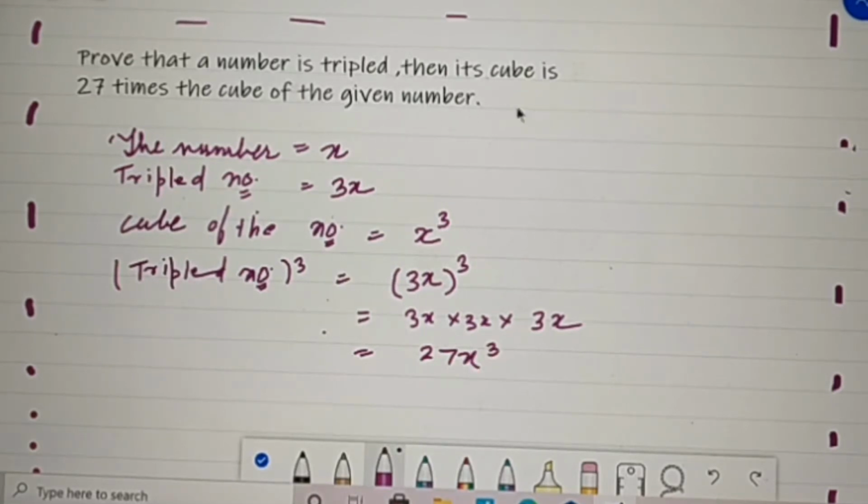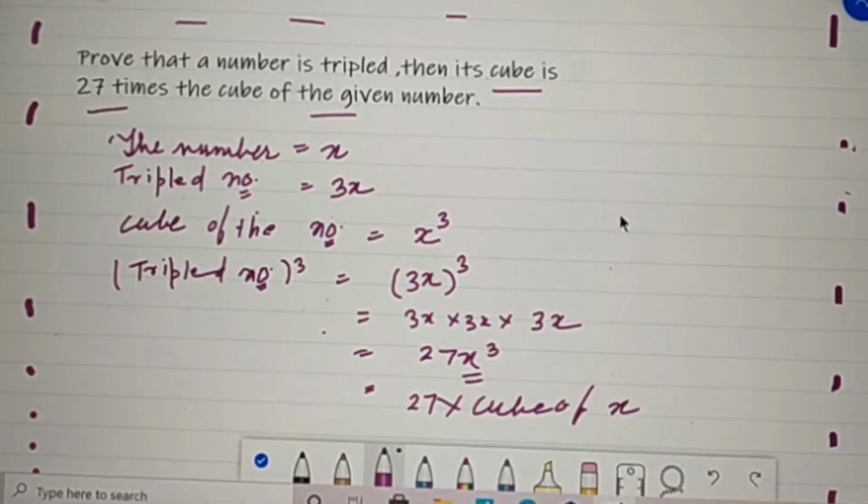So its cube is 27 times the cube of the given number, 27 times the cube of x. So hence we have proved this.